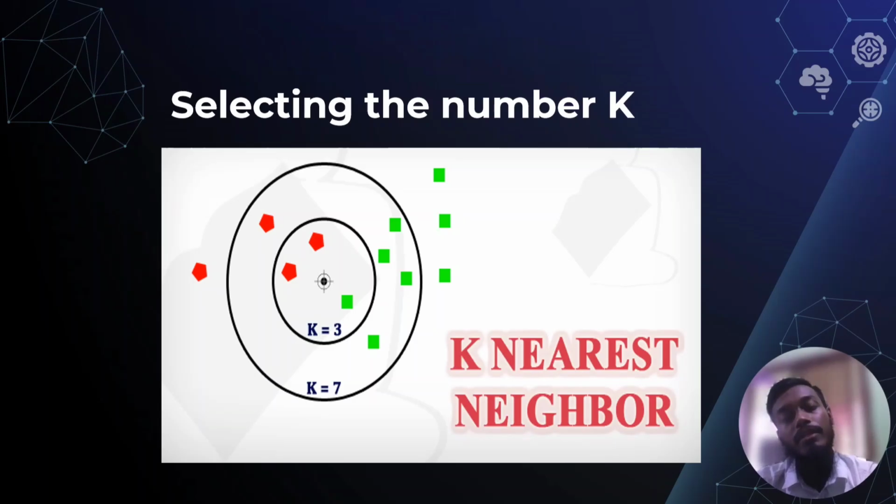But this scenario completely changes when we change the value of k from 3 to 7. Now out of the 7 closest neighbors, 5 of them are referring to the green class, which was not the same for k equal to 3. So now according to majority voting, we're going to go with the green class. This is how changing the value of k changes the results.